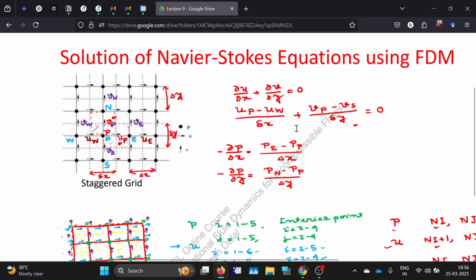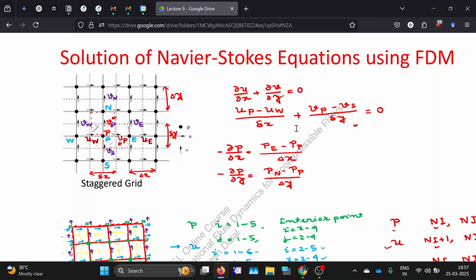I was in this cell, so I use up minus uw. When I'm trying to find this del u by del x, P is my point, so I use up minus uw, right?